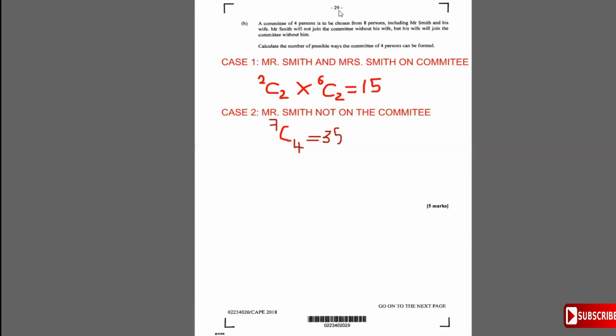And so that's it. And so the total possibilities is equal to 15 plus 35, which equals 50. That's the total number of ways this committee can be formed. Nice and easy, soft.